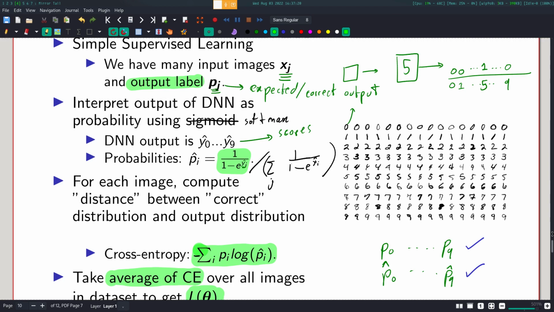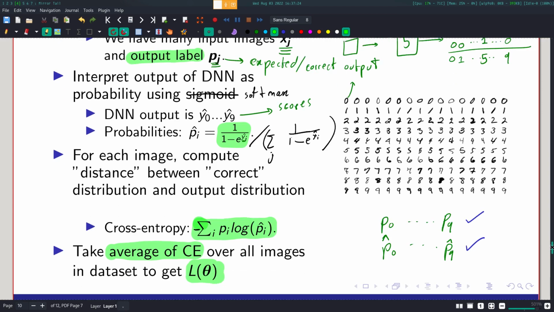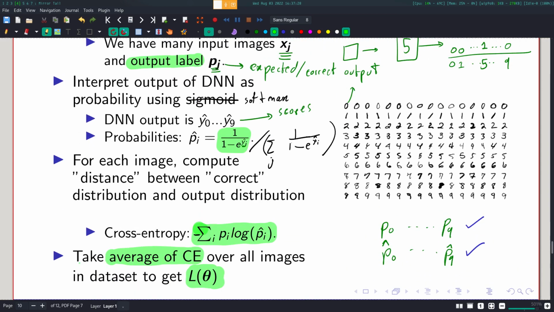Then you take an average over all of that, and you get a function that you have to minimize. So far it's clear that we have reduced our problem to minimizing this L, and we have seen how we can define this L precisely. We have a concrete definition of what L should be, and we have reduced our problem to minimizing L.